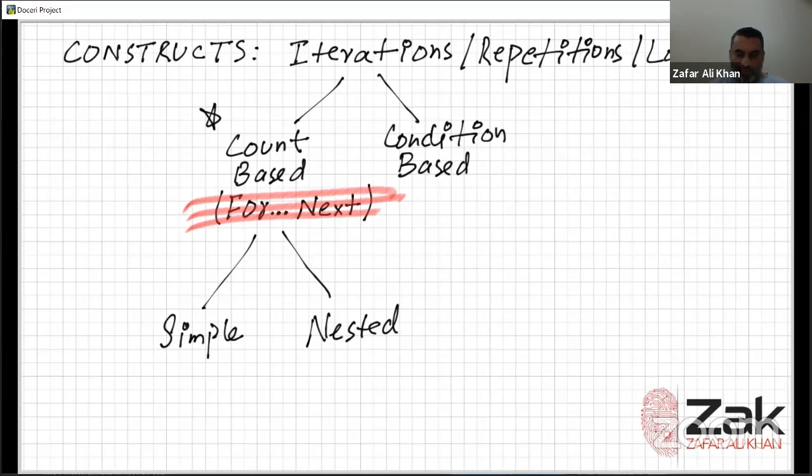There are many types of constructs, but the main construct that we are talking about nowadays is just the iteration. And in iteration, we are discussing count-based iterations. Count-based iterations are completed using for and next, and there are two types, simple and nested. We are going to discuss both simple and nested today.